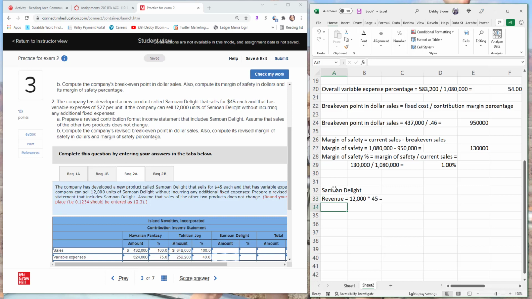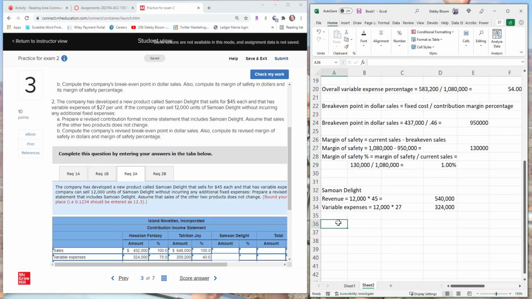The variable expenses are going to be 12,000 times 27. So 12,000 times 45, and 12,000 multiplied by 27 gives us 324,000.